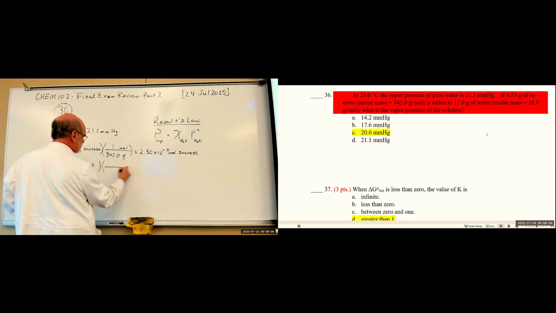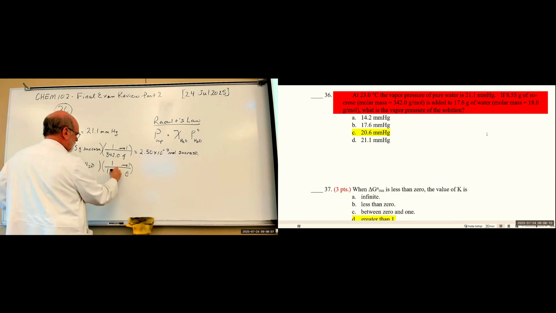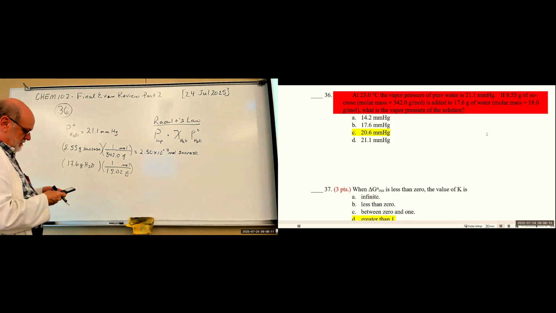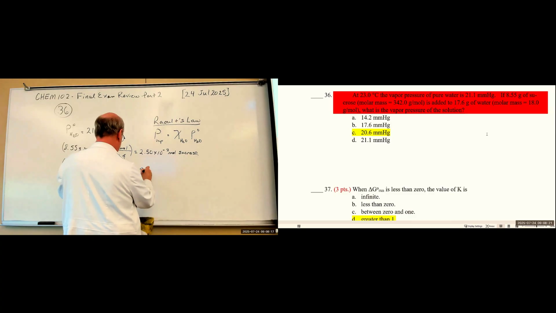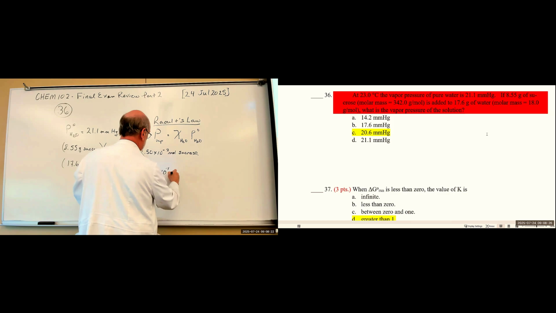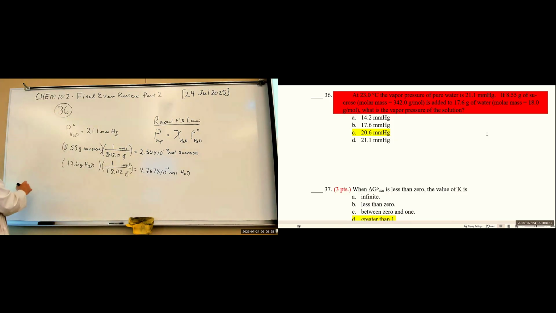And what's the molar mass of water? We've done that so many times, you ought to have it memorized. 18.02. And that's 9.767 times 10 to the minus 1 moles of water. Okay, so now to calculate the mole fraction of water, let's do that over here.